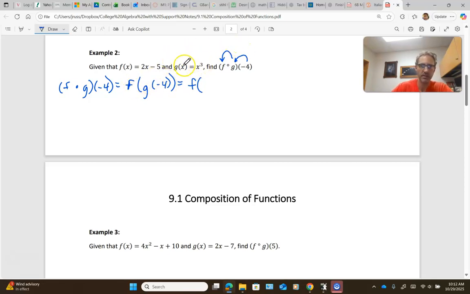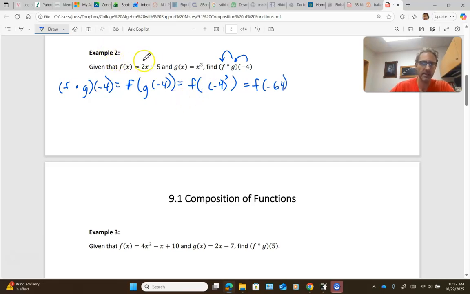Well, g is this cubic function, so I will be cubing negative 4, and whatever this output is becomes the input for f. Negative 4 cubed is negative 4 times negative 4 times negative 4, which is negative 64. So that's what I'll be plugging into f.